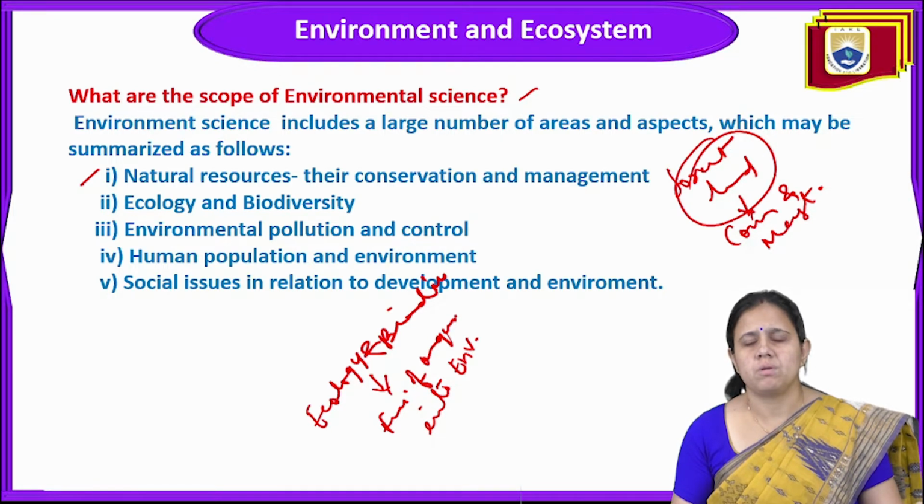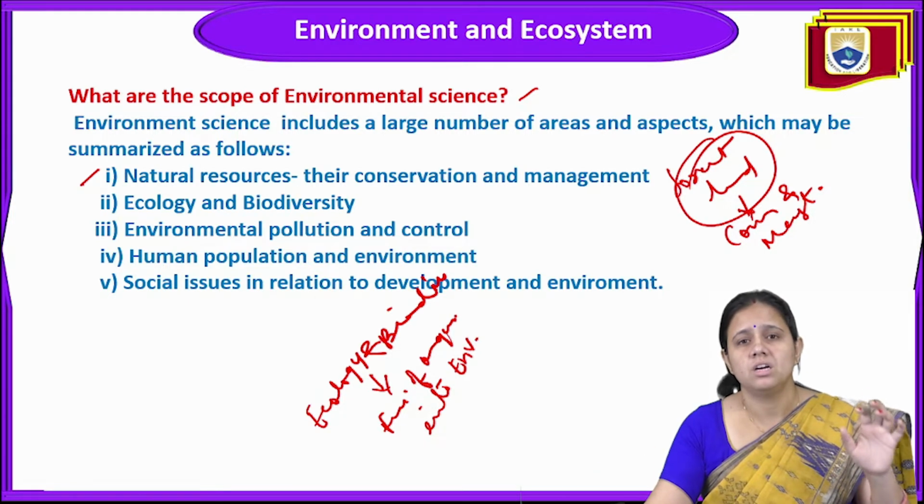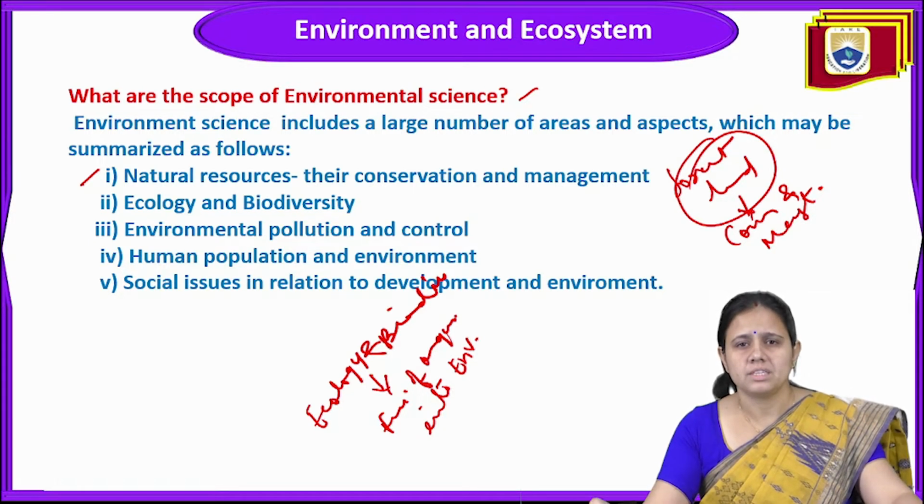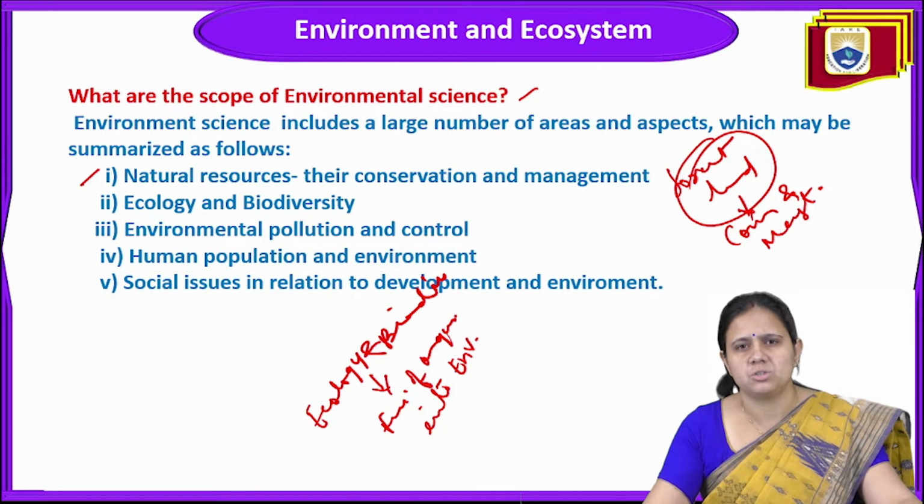Next is human population and environment, meaning the human population and its interaction with its own environment and with day-to-day life is the next scope of this subject. Next thing is all the social issues in relation to development and environment, meaning the socio-economic category of environment, social issues like sustainable development.